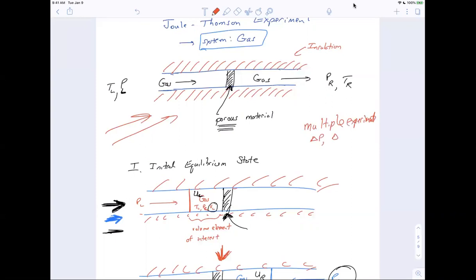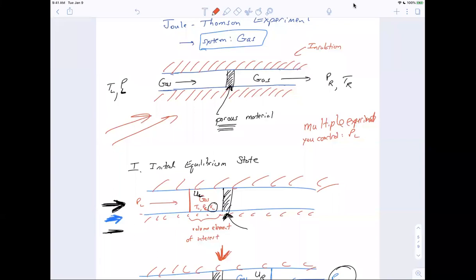You essentially control the incoming pressure, P left. That's going to change delta P, because for any given P left, you're going to have a corresponding P right.